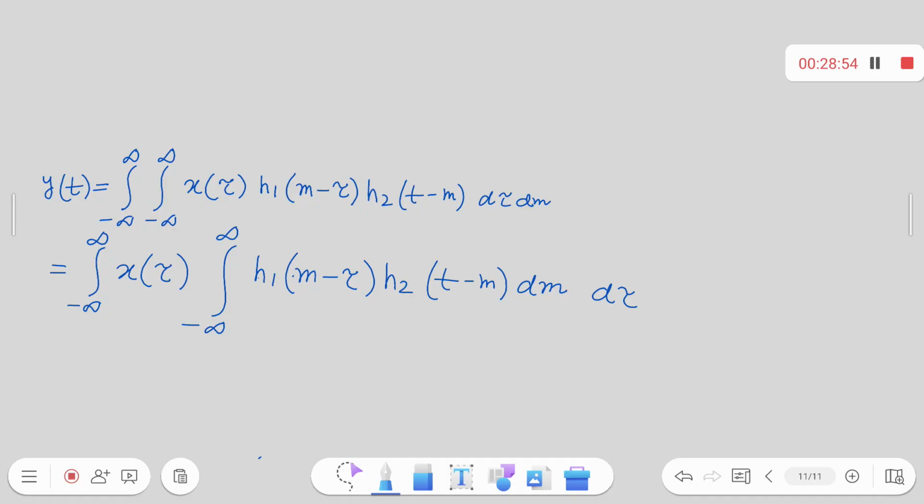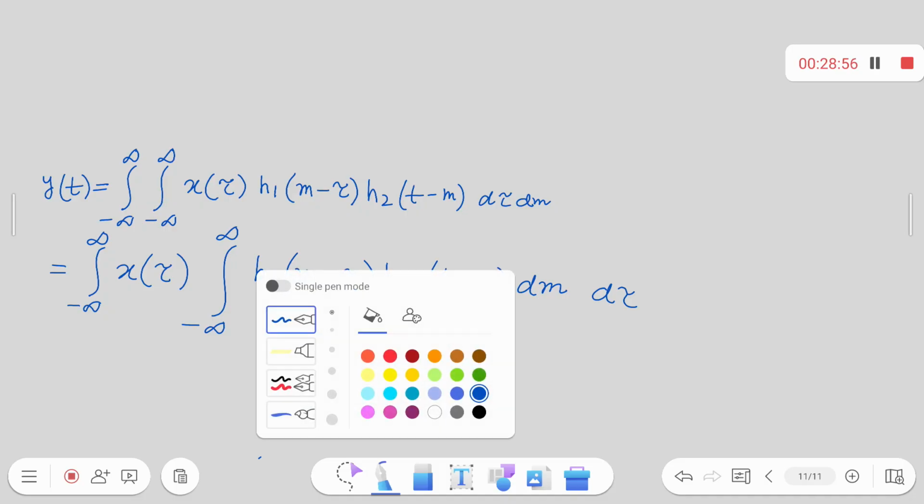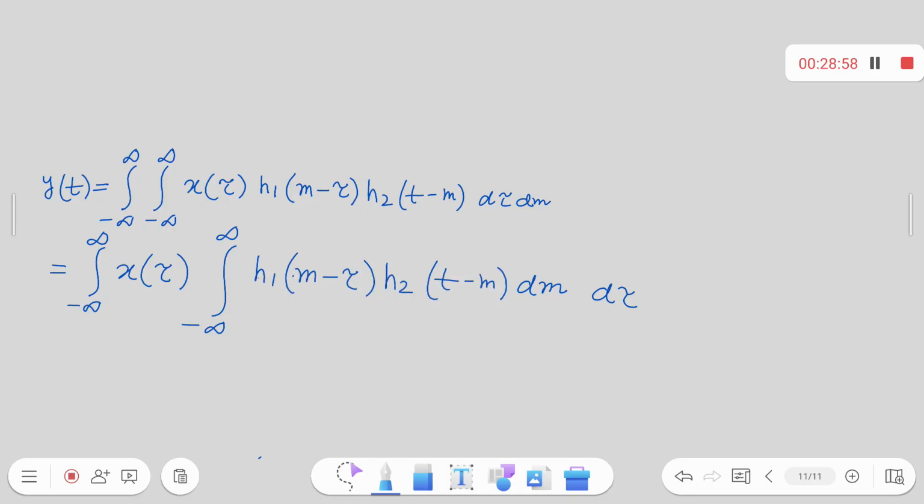Basically, when I write like this, this variable is for tau and this variable is for m over there, right? So I've just changed the order of integration. As far as the first line is concerned, first we integrate with respect to tau, then with respect to m.